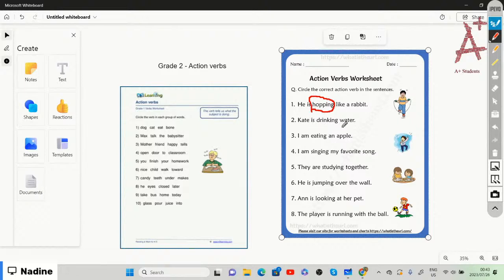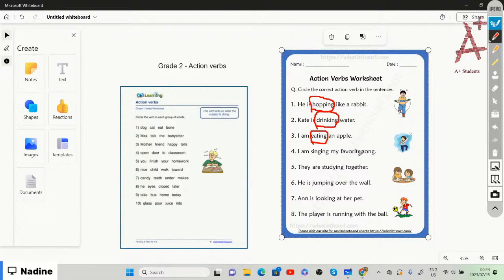Kate is drinking water. So what is Kate doing? She is drinking water. So we're circling drinking, which is our action verb. I am eating an apple, right? So what am I doing? Eating an apple.